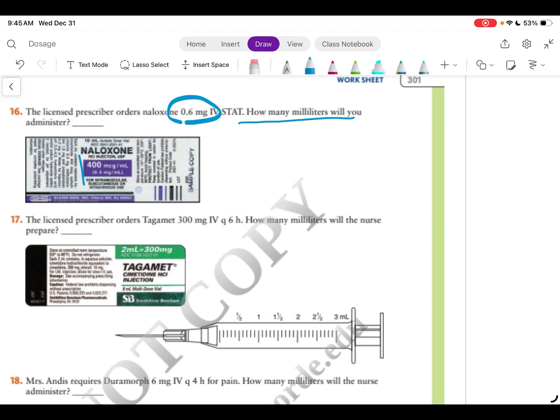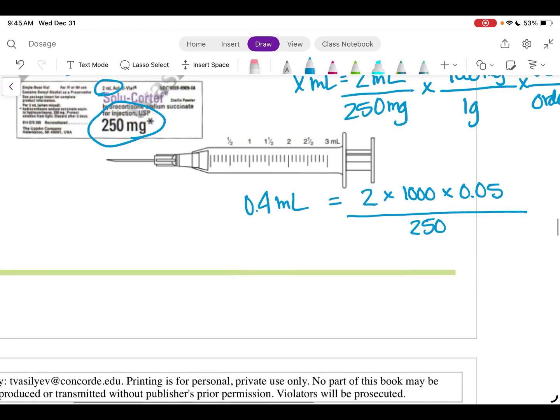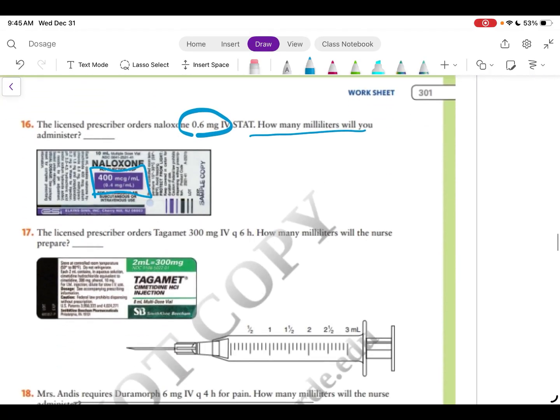This label right here in the purple box gives you 2 options. It gives you the 400 micrograms per milliliter, but in parentheses, it gives you the 0.4 milligrams per milliliter. That's what I'm going to use because I don't want to do all the conversions that I literally just did for the previous problem, right? So I want to keep it simple. I want to work with the same units.